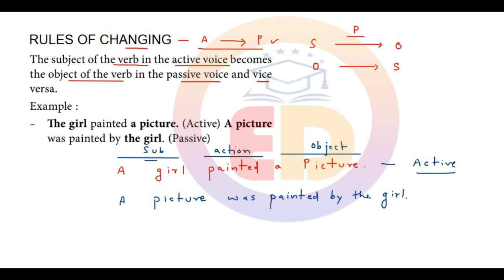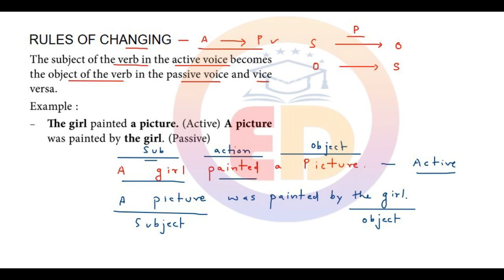Now here you can see in the first sentence a picture was the object, and in the second sentence it becomes the subject. In the active voice, the subject was a girl, which becomes the object in the second sentence. The verb remains the same.